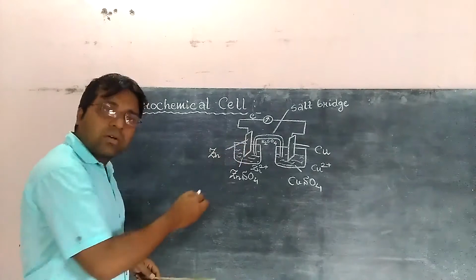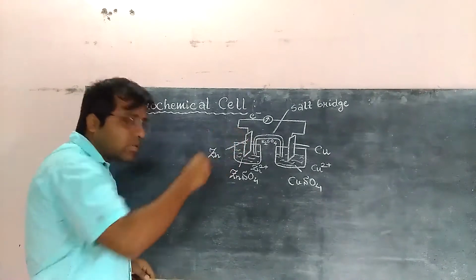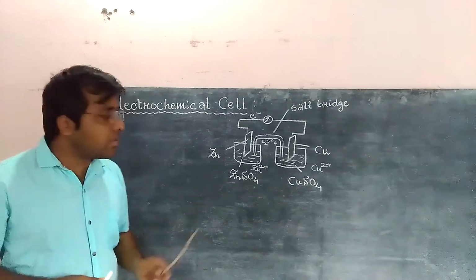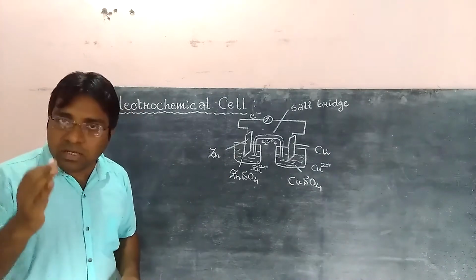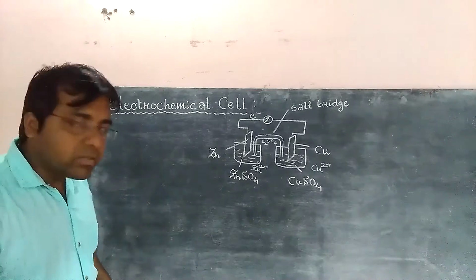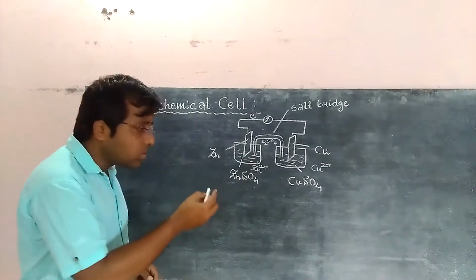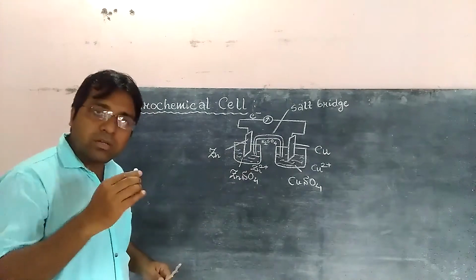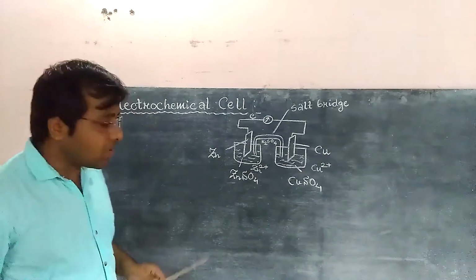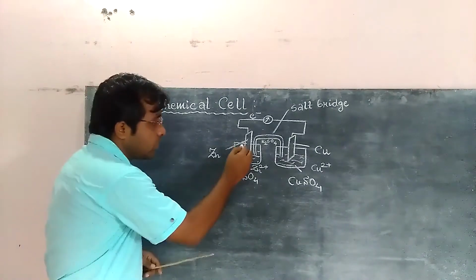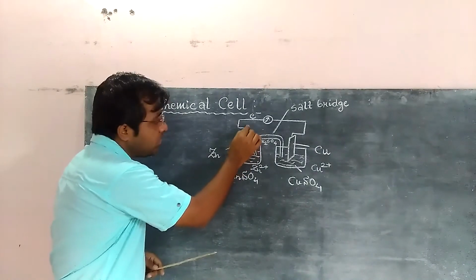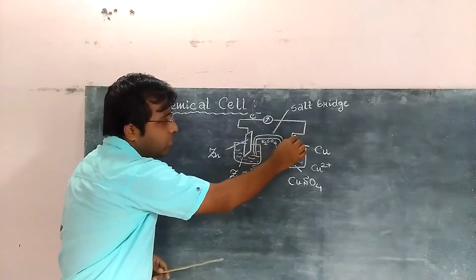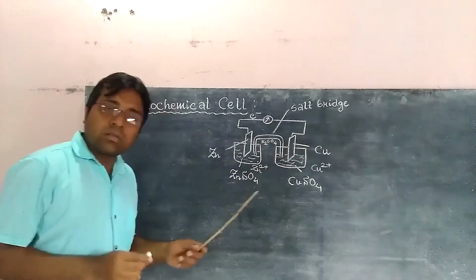When this zinc rod electrode is immersed into the zinc sulphate solution, a potential is developed in the zinc electrode. And what it does, the zinc rod loses two electrons according to its valency or capacity. These two electrons can pass through this wire and reach here.